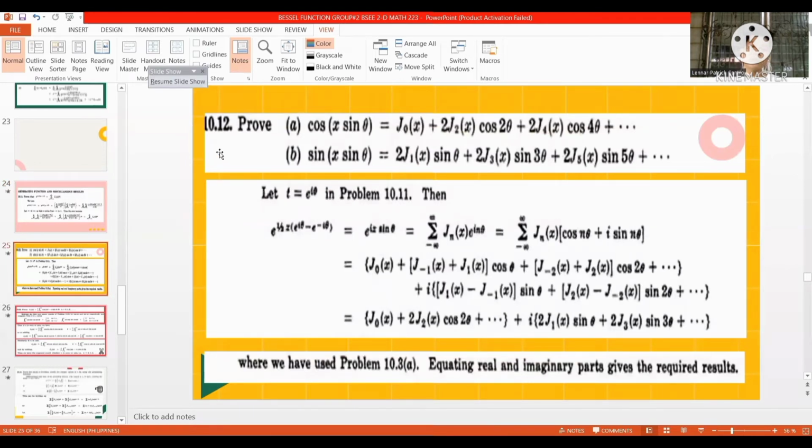Then the next problem is prove part 1, letter A is cos.